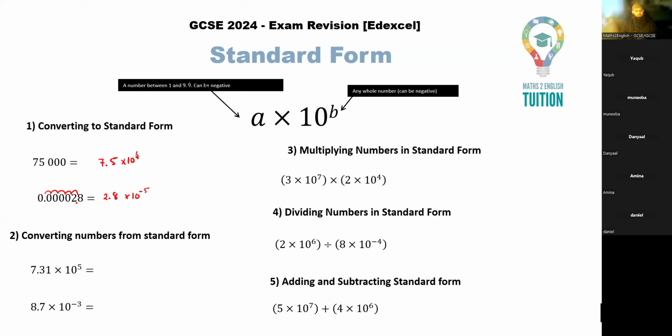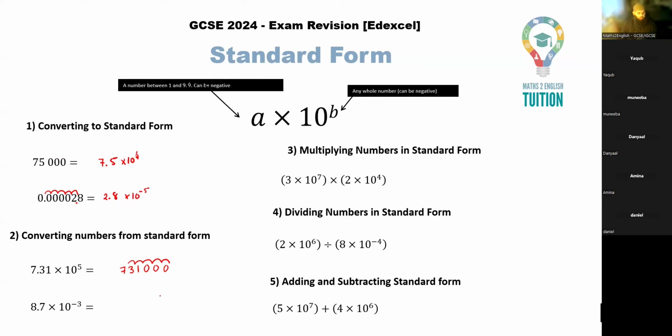Converting numbers from standard form, okay? So if I have 7.31, the decimal is jumping 5 to the right, okay? So it's jumping over here, 1, 2, 3, 4, 5. Any gaps I have, I just fill them in with zeros, and that's going to be 731,000, okay? 31,000, sorry.